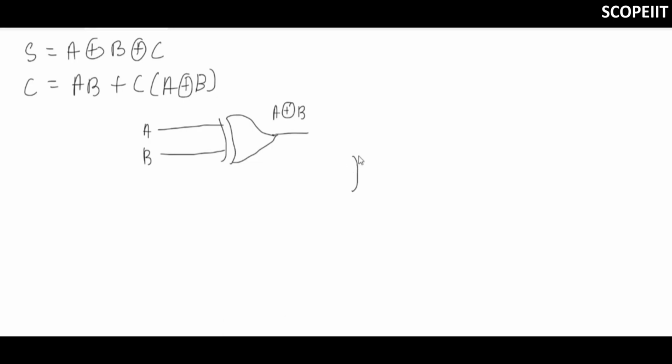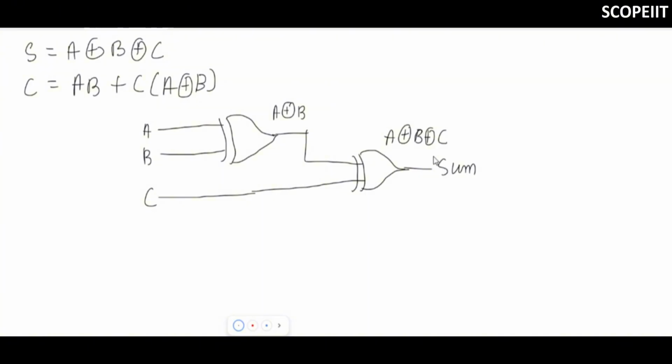Now I want A XOR B XOR C because I want the sum. So I'll take A XOR B as an input, and I'll take C as an input here. Now it will become A XOR B XOR C for sum, right? So this is the equation for this one.